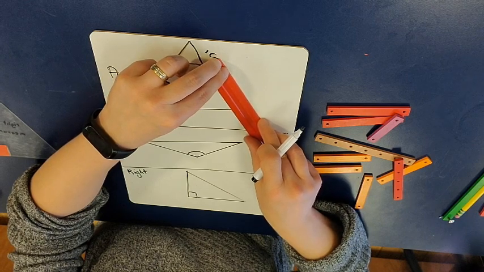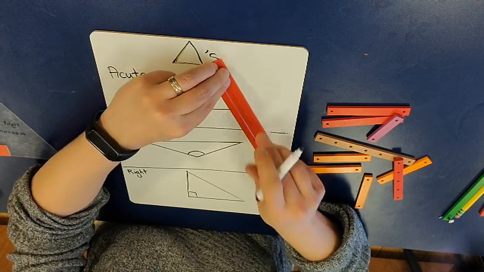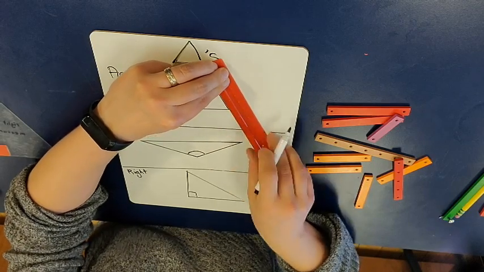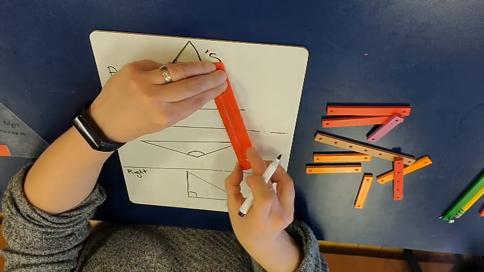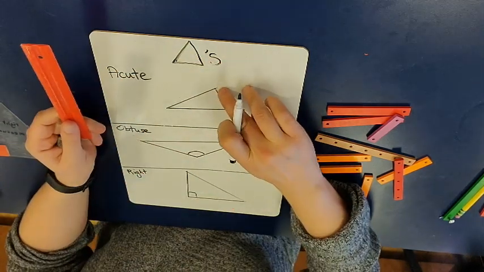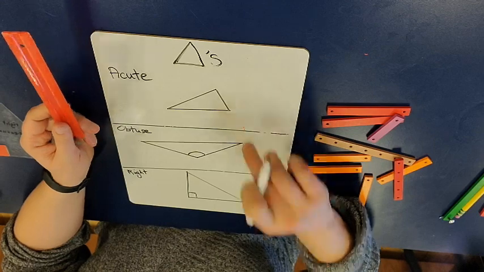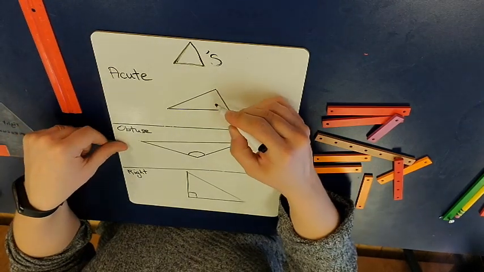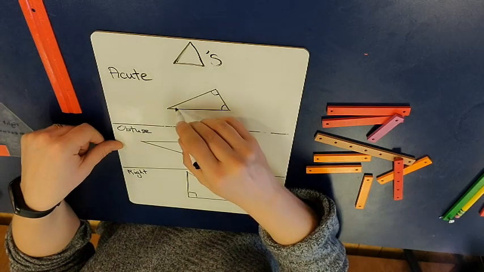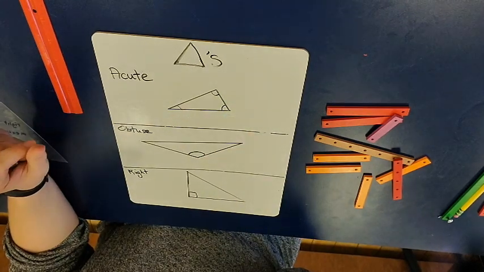Let's see. There, if I go like that. See how I moved my straight edge around until I could see that all of my angles are acute? And then you can just take your eraser and erase the extra. So with this one, that one's acute, that one's acute, and that one's acute.